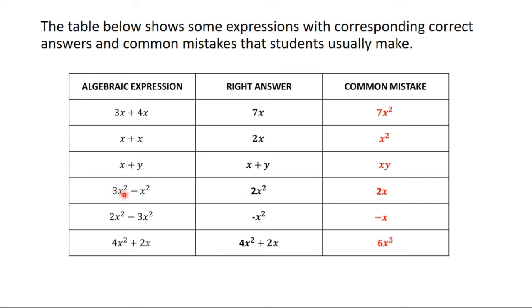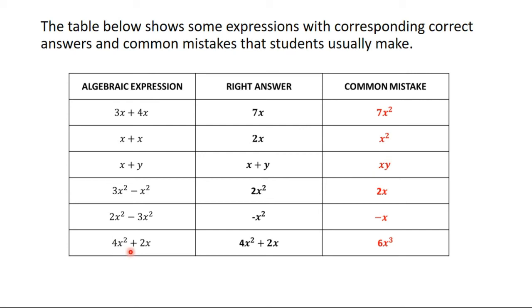Then we pick one of the x squared, which will give us 2x squared. So 3x squared minus x squared is 2x squared, not 2x. When we are subtracting, our main focus is on the coefficients, not the variables. 2x squared minus 3x squared will give us minus x squared, not minus x.